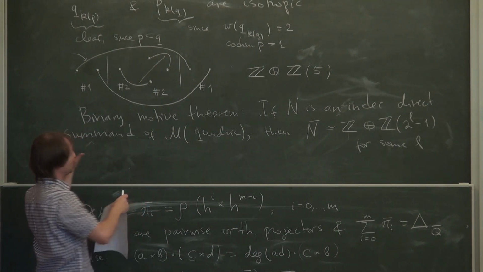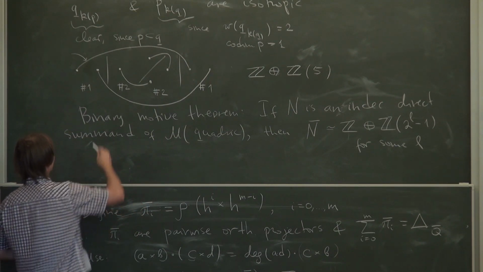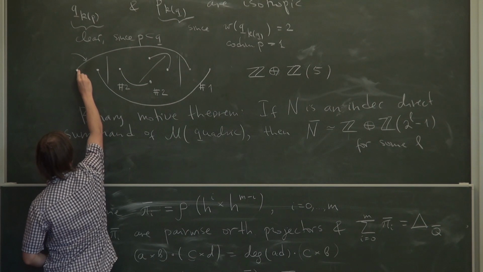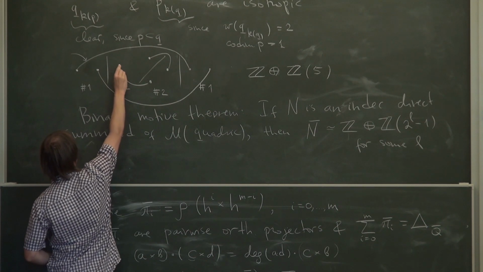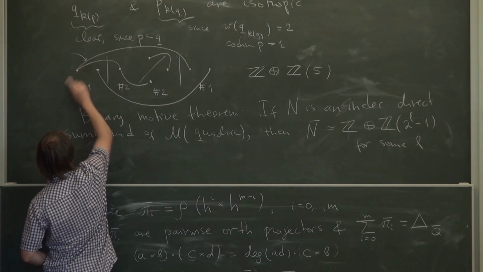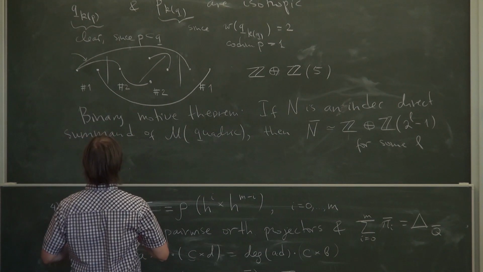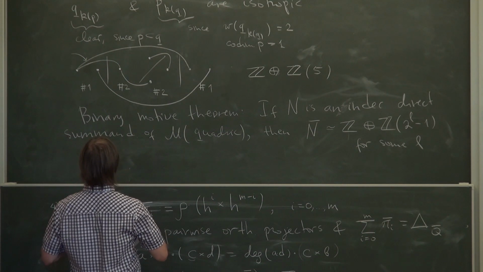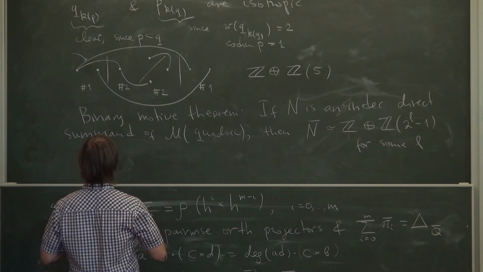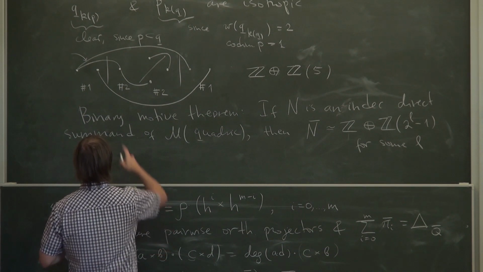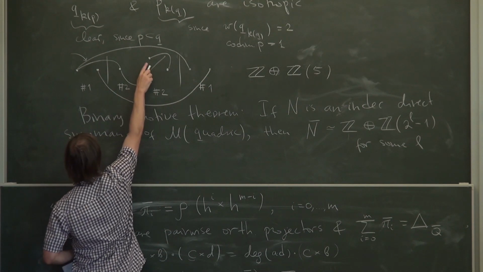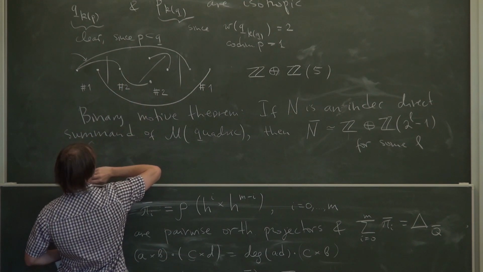And again, by this principle of shifting, the only possibility is that this Tate motive is connected to this one. So it should be this connection. And just by the same reason, another one, this with this, I guess.